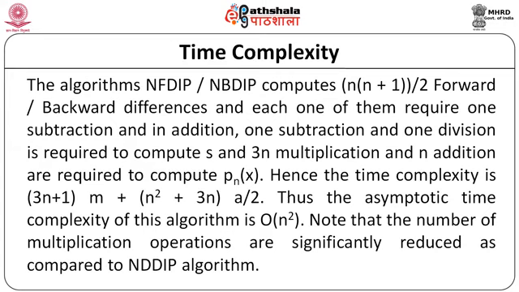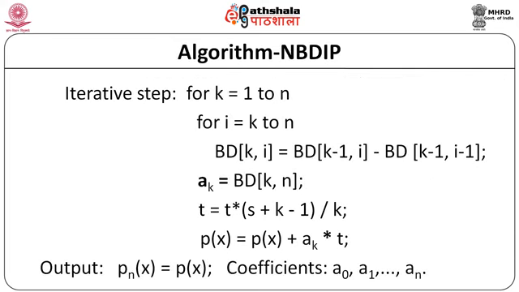So, the algorithms Newton's forward difference interpolating polynomial and Newton's backward difference interpolating polynomial compute n into n plus 1 by 2 forward differences or backward differences. Why? Because we are using here this one backward difference like this.